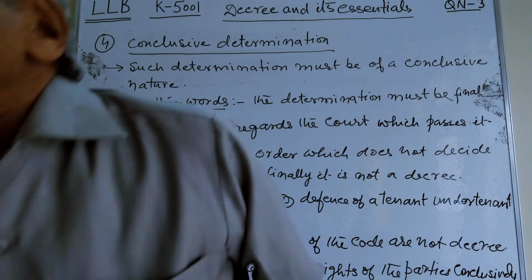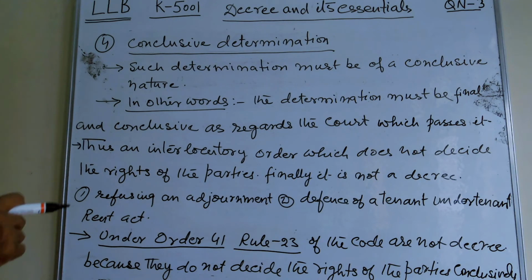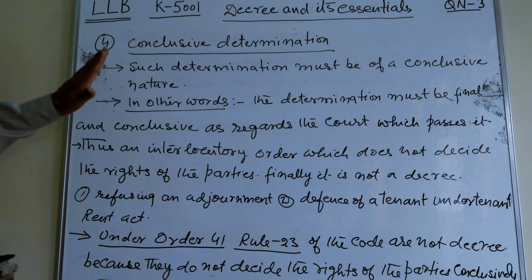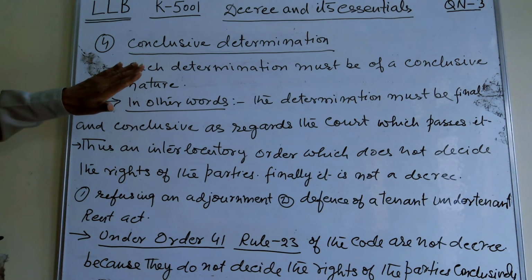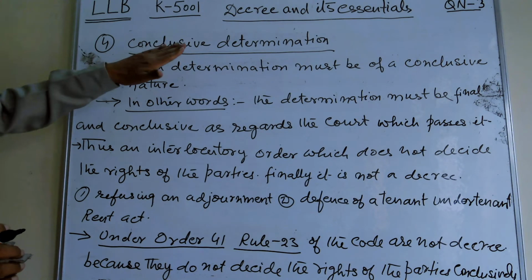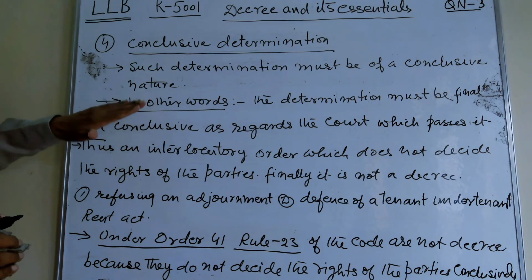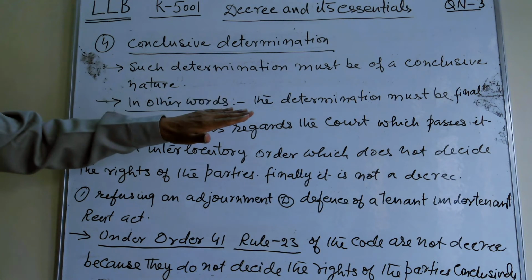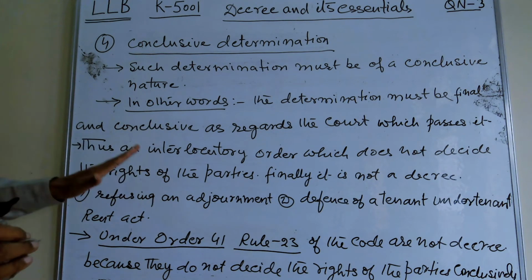My dear friends, fourth condition, conclusive determination. I want to tell you here, due to some mistake of the sound system, my sound was stopped in the fourth essential condition. Now I am repeating it again. Conclusive determination. Such determination must be of conclusive nature. In other words, the determination must be final and conclusive as regards the court which passes it.